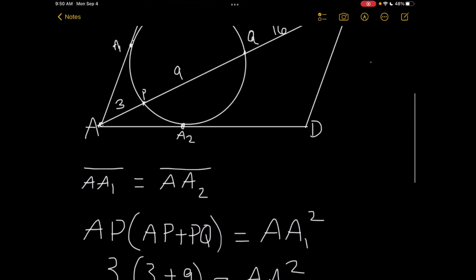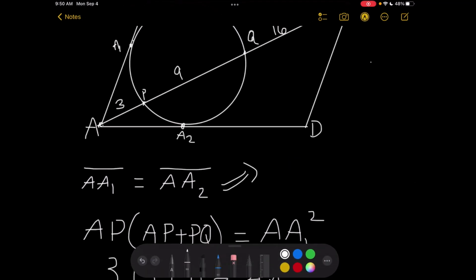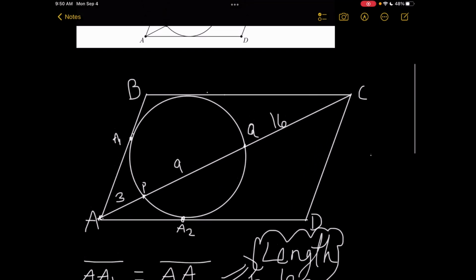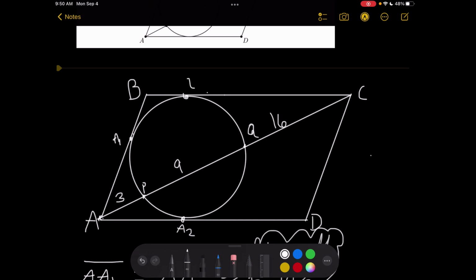So we can go back up here, and we know that both the segments A sub 2 and A sub 1 have length 6. So let's mark that. And now we can use the same process to find the length of CX as shown. We can find the length of this blue segment over here using power of a point.